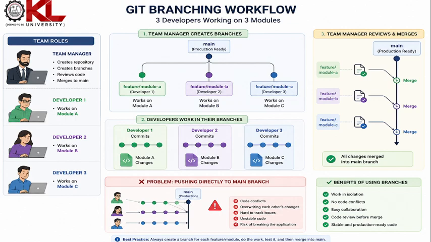Let's take this example. In this example, there is a development team with one team manager and three developers. Let's assume the project title is the student management system. Developer 1 will work on a student module. Developer 2 will work on the faculty module. Developer 3 will work on the admin module.